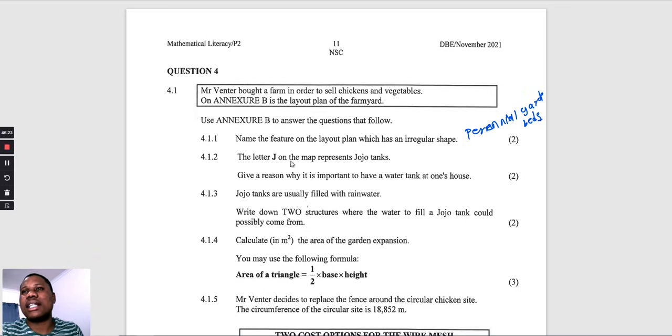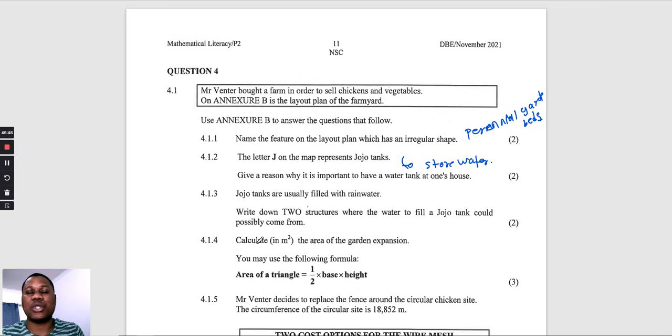Then they say the letter J on the map represents Jojo tanks. Give a reason why it is important to have a water tank at one's house. To store water. Okay. Someone can say to save water so that you pay less bills.